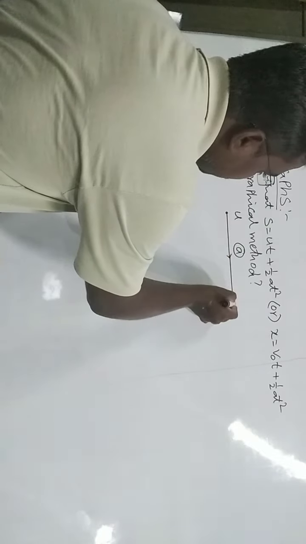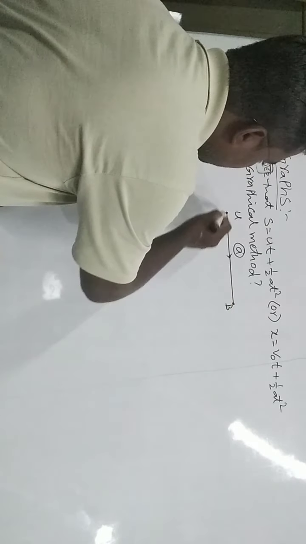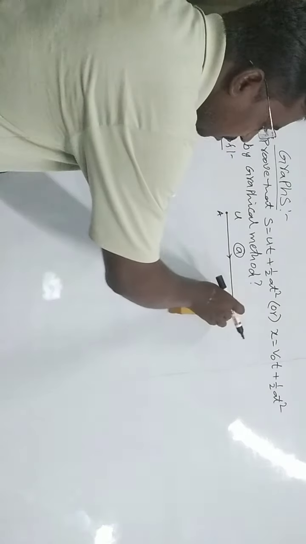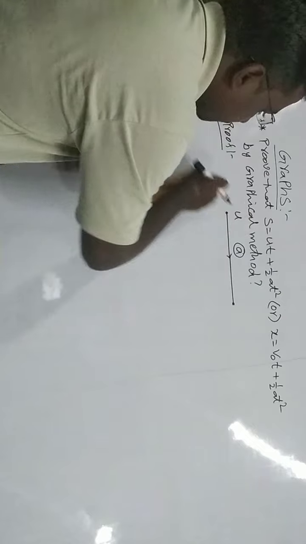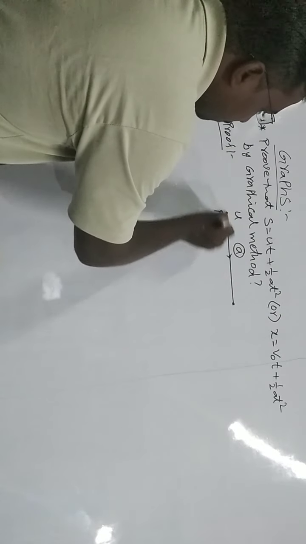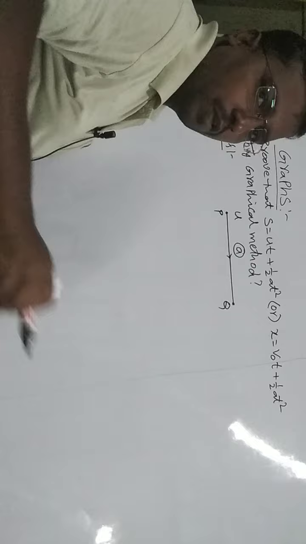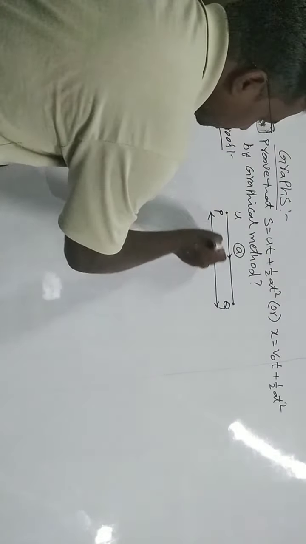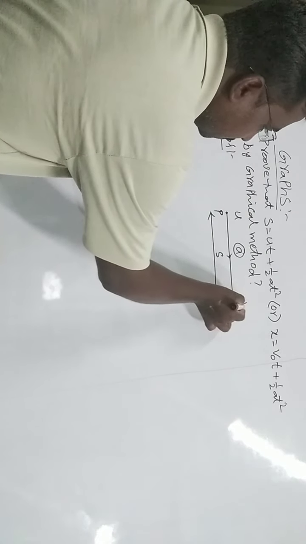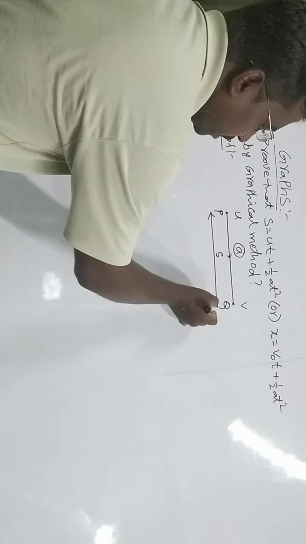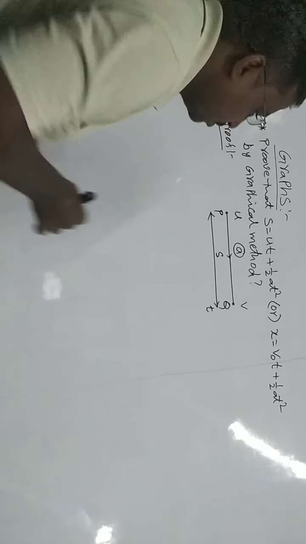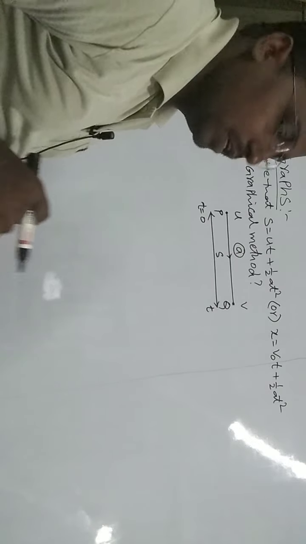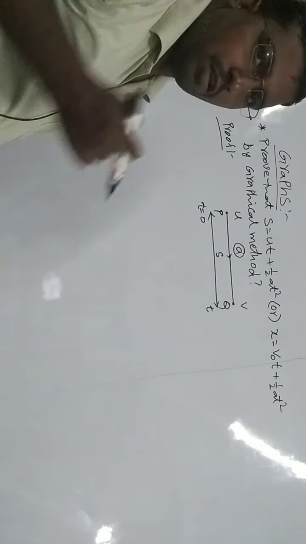It finally reaches a destination point B, and the starting point is A. The total distance or displacement traveled by the object is s, its final velocity is v, its total time taken is t, and the starting time is t equal to 0. These are the considerations, and this will be represented by the graph.